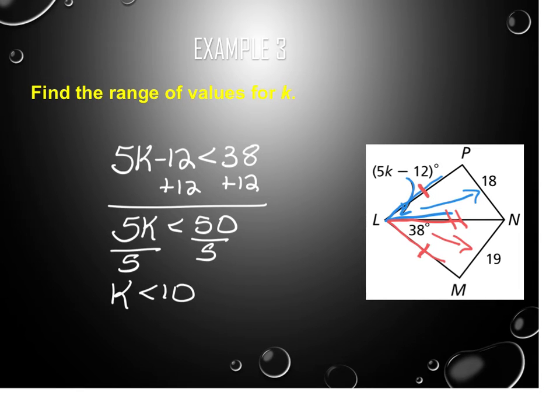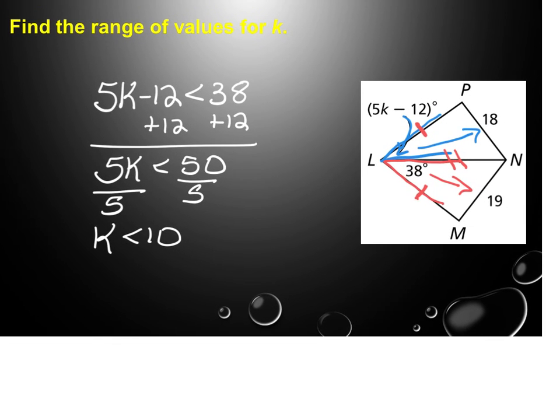So I'm going to solve another inequality to get the bottom end for K. I'm going to do 5K minus 12 must be greater than 0, because the angle measure has to be a number between 0 and 38, not including 0 and 38.